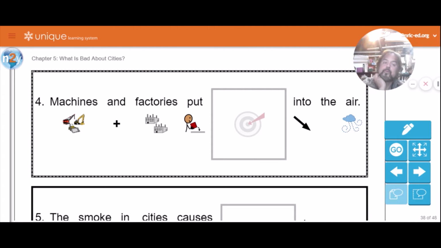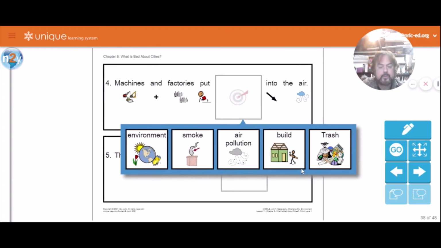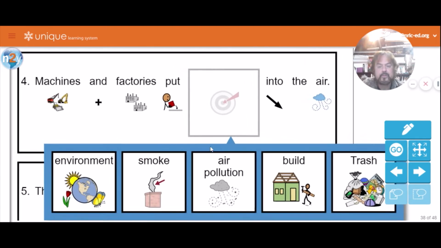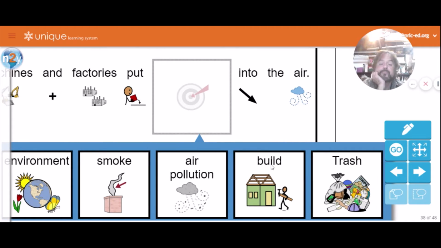Numero cuatro. Machines and factories put what into the air? They put environment into the air. They put smoke into the air. They put air pollution into the air. They put build into the air.